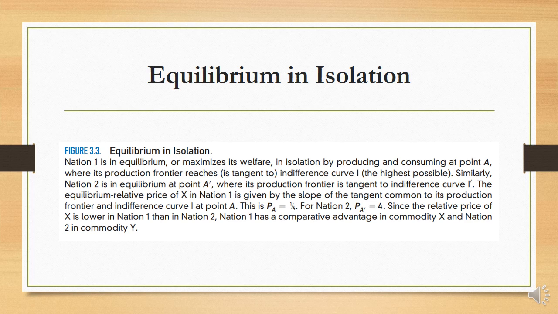Similarly, nation 2 is in equilibrium at point A prime, where the production frontier is tangent to indifference curve I prime.